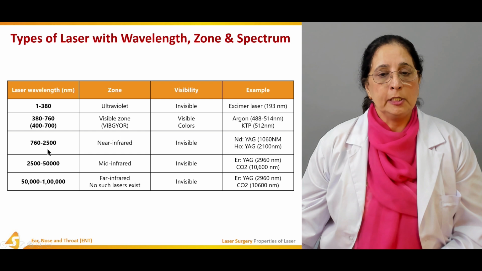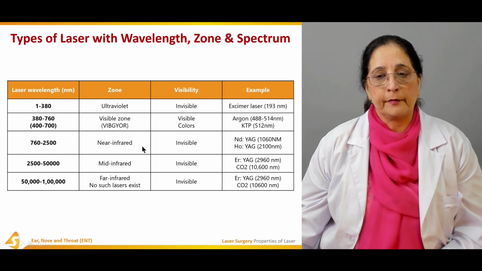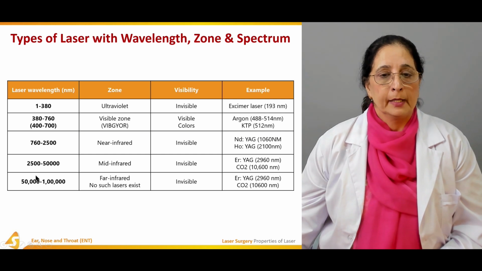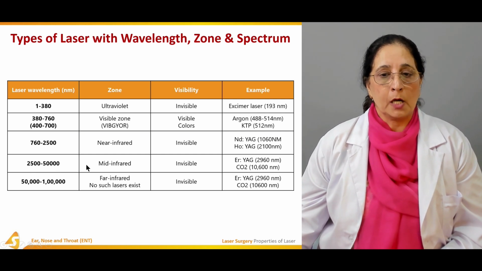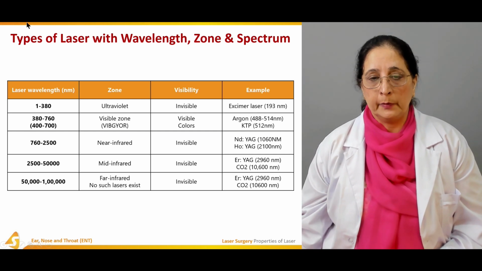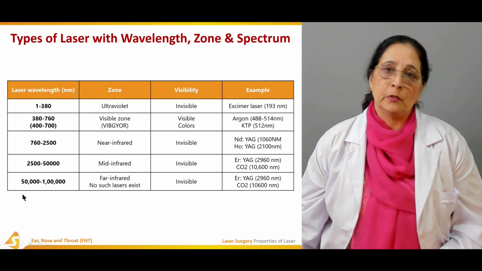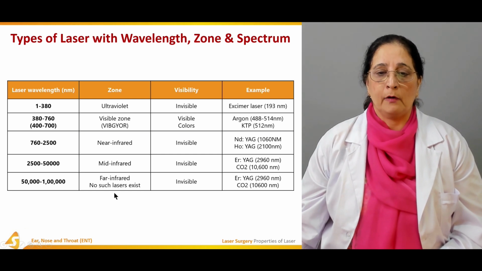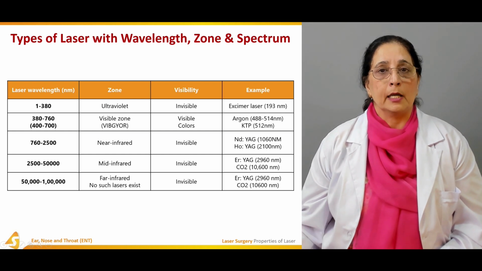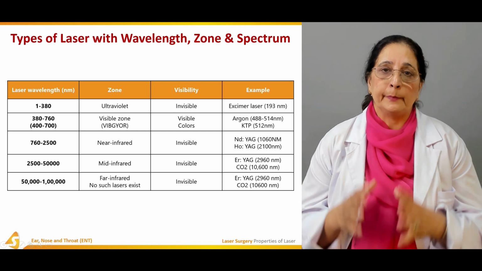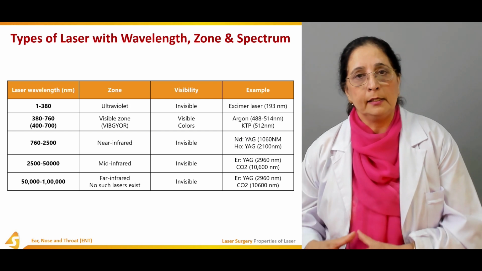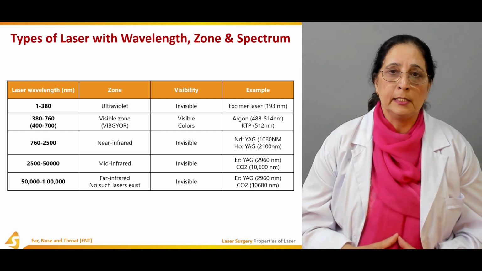Then 760 to 2500 is near infrared, invisible, with YAG and Ho:YAG. 2500 to 50,000 is mid infrared, also invisible. And then between 50,000 to 100,000 is far infrared, invisible, with YAG and carbon dioxide. So these are examples of different lasers with their wavelengths, and whether they are visible or invisible.